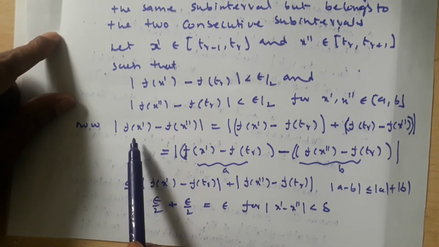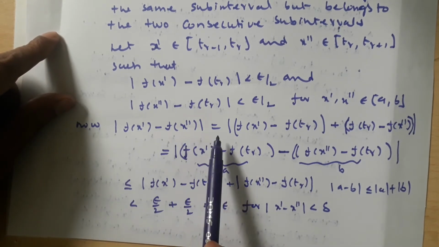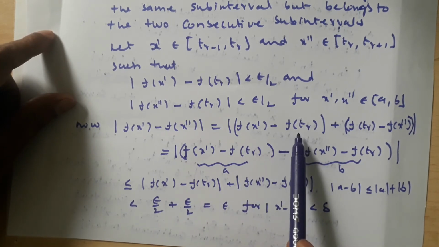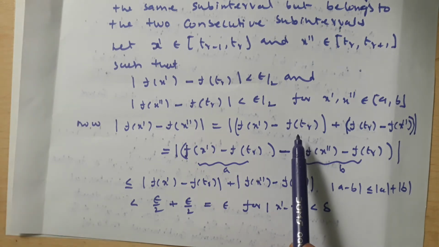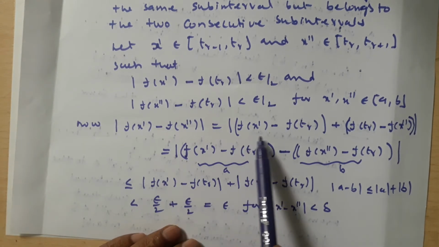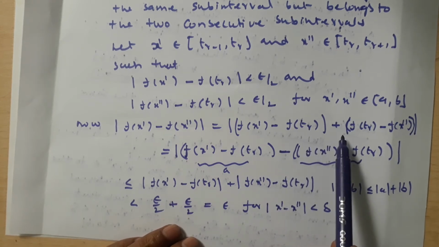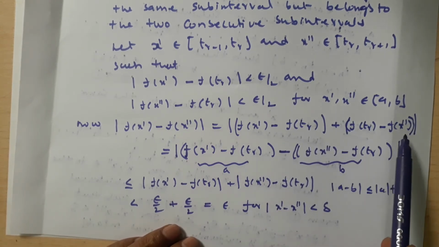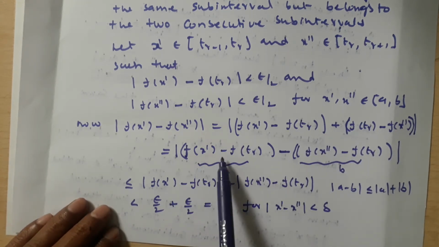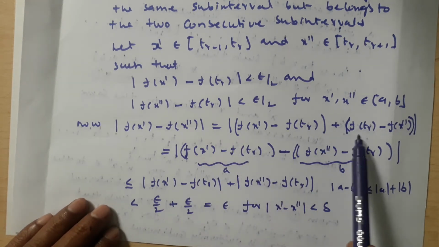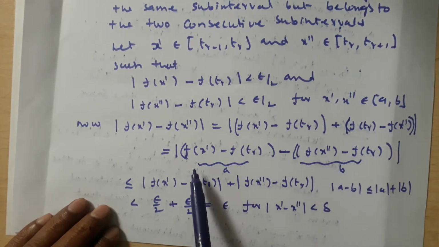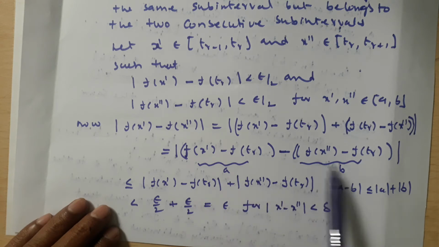Next, |f(x') - f(x'')| is equal to this. We can write here, subtracting and adding the term f(t_r), so that |f(x') - f(t_r) + f(t_r) - f(x'')| is equal to |f(x') - f(t_r)|. In these two, minus is common, f(x'') - f(t_r). So the first term is a, and suppose the second term is b.